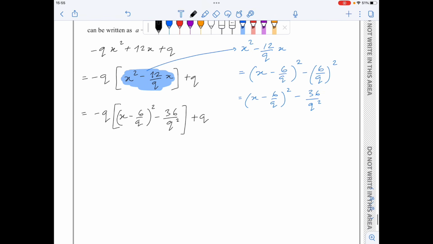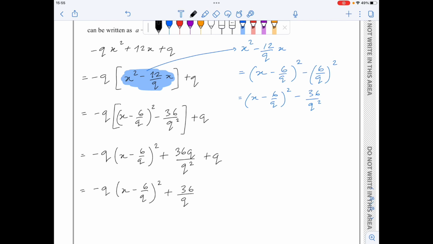Next step is to expand the square bracket. So minus q times the bracket. And then I'll have plus and do this expansion. That's 36q over q squared plus q. I can simplify this. Minus q bracket x minus 6 over q squared plus 36 over q plus q.